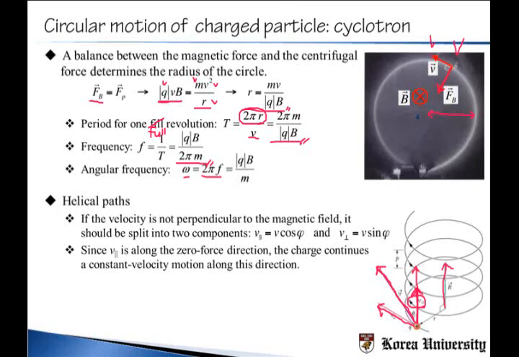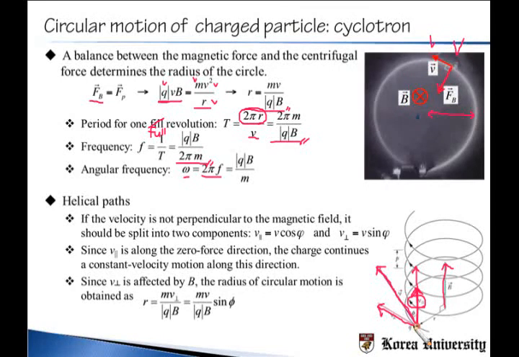In contrast, along the velocity component perpendicular to it, there will be exactly the circular motion as we have studied here. In this case, the radius of the circular motion is determined not by the size of the original velocity, but by the size of the perpendicular velocity component. That is the original velocity multiplied by sine phi, where phi is the angle here.